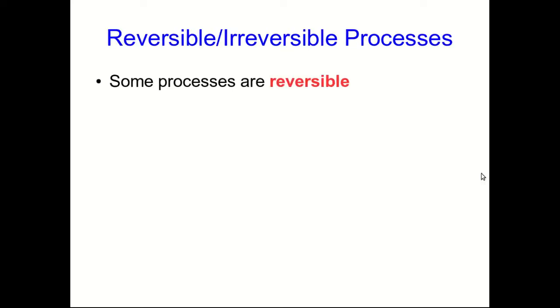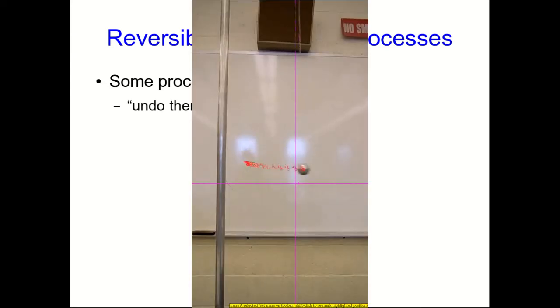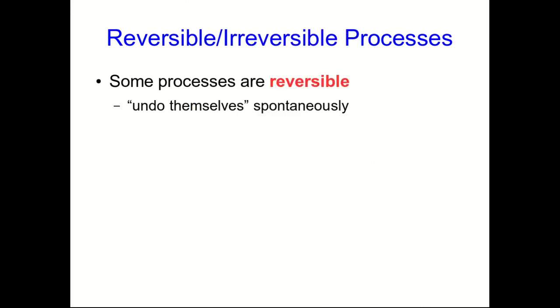We need to distinguish between two very different types of processes. So some processes are what we call reversible, and that means that they can undo themselves spontaneously. By spontaneously, I mean without us interfering. So for example, here's a pendulum swinging back and forth. And it can undo itself, right?